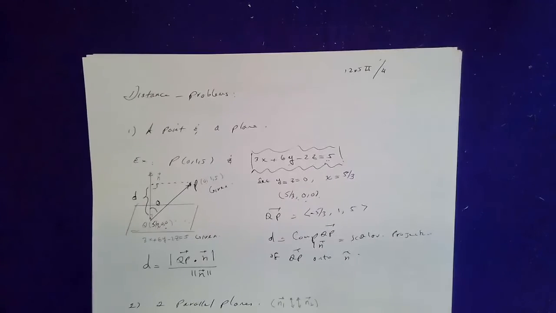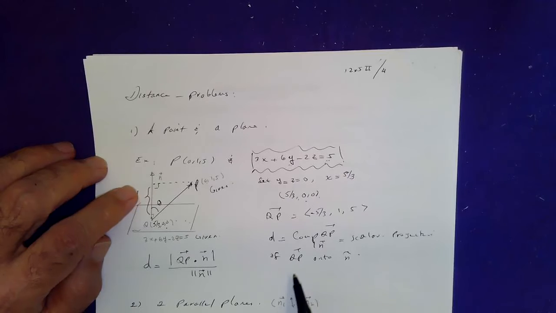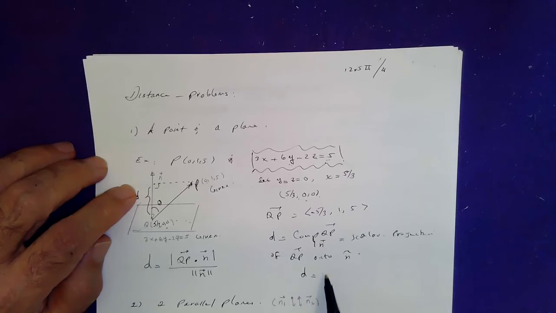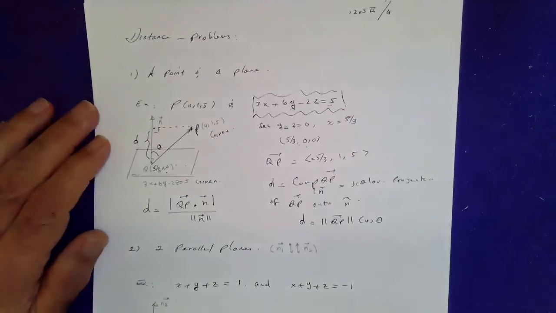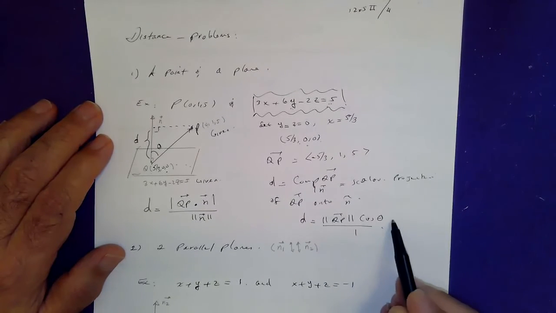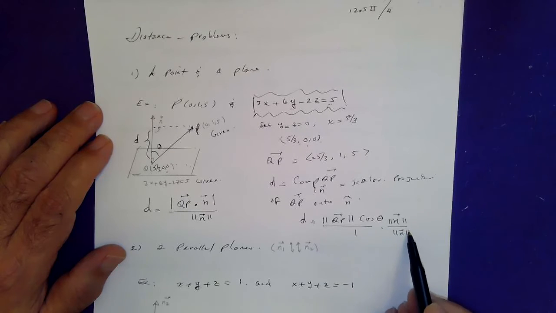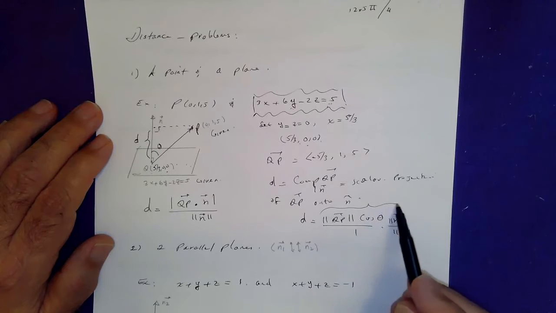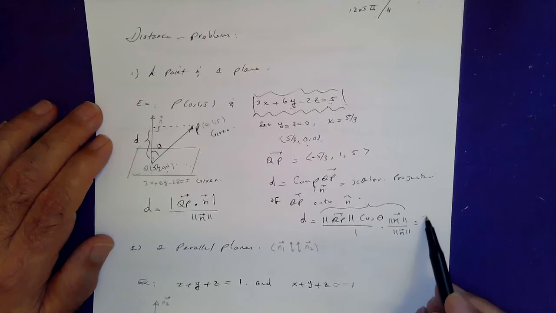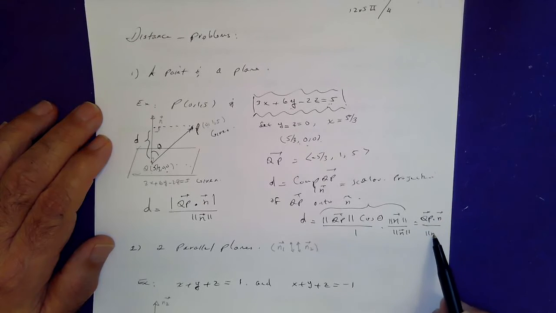Well, how did that come about? Well, let's see now. D is equal to what? Magnitude of QP times cosine of theta. So all you have to do is give a denominator of 1 and multiply top and bottom by the magnitude of what? N. Okay. But the product of these three items happens to be exactly the definition of what? QP dotted with N over the magnitude of N, right?